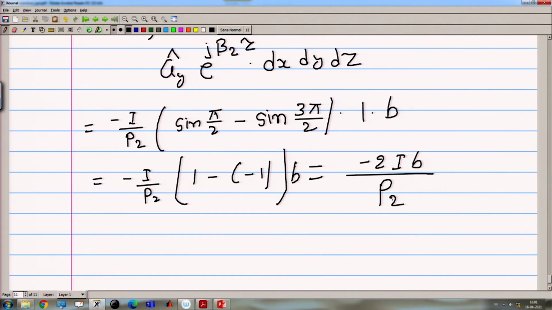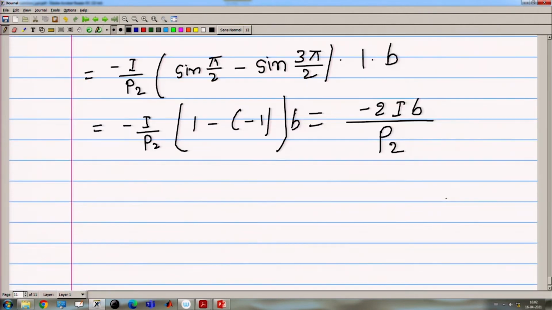So, we can see that since the excitation has an odd symmetry about the center of the probe, it will only excite those modes that have an electric field with an odd symmetry about x is equal to a by 2. So, in this case we can see that the T20 mode is excited, that has finite amplitude, but for the T10 case the amplitude is 0. So, we have to keep that in mind.